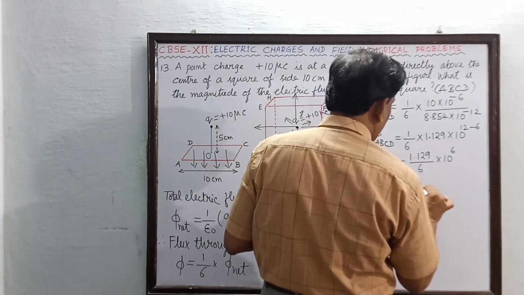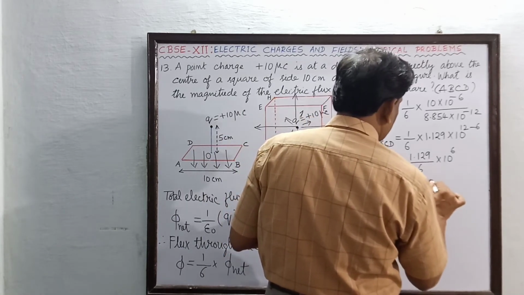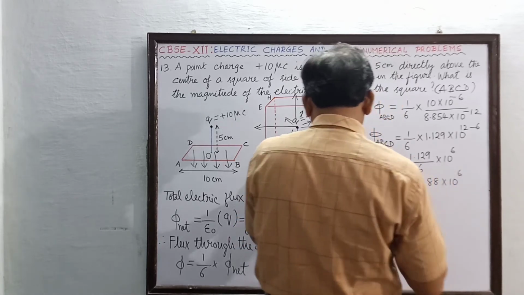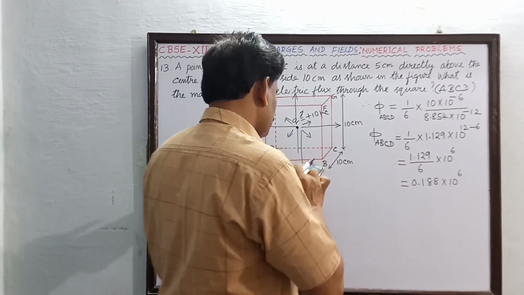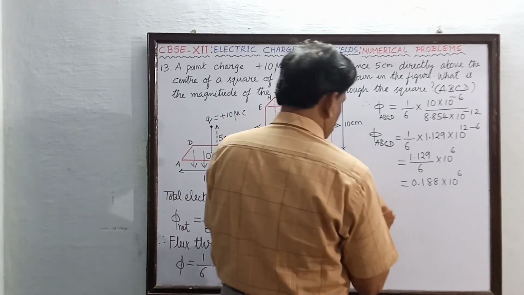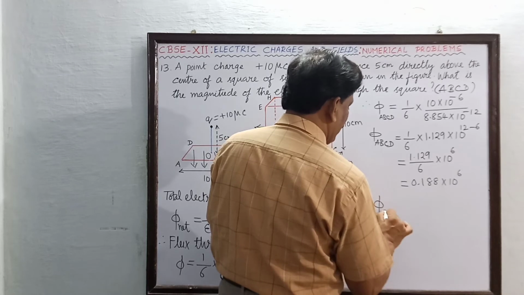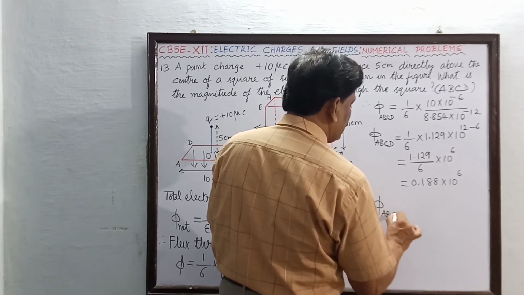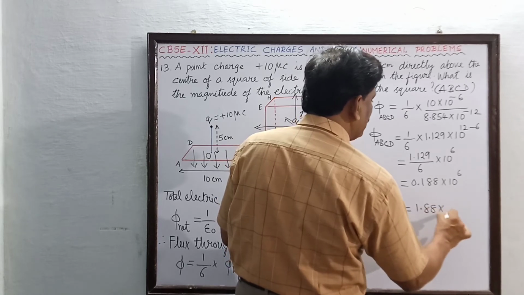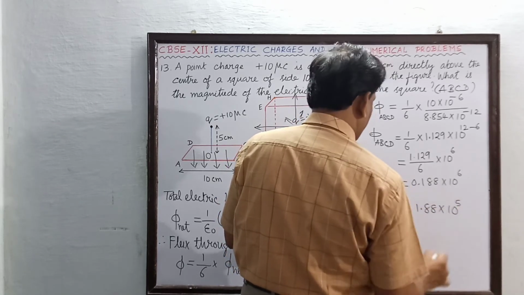So 0.188 into 10 power 6. Therefore, the flux passing through the square ABCD is equal to 1.88 into 10 to the power of 5.